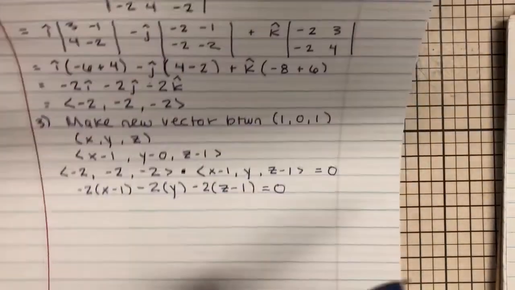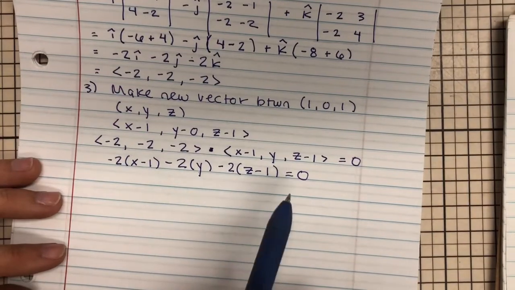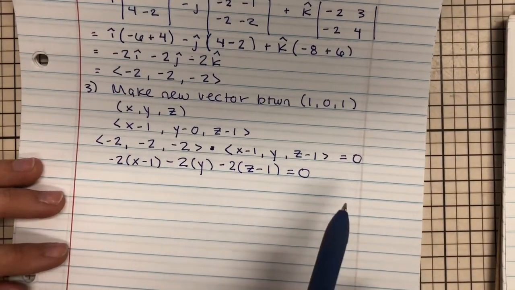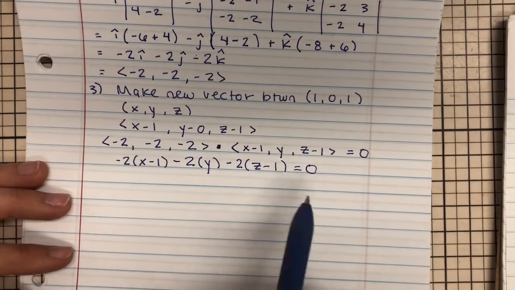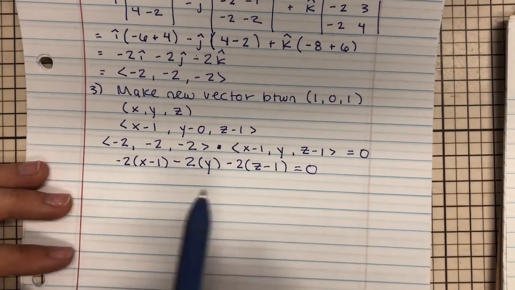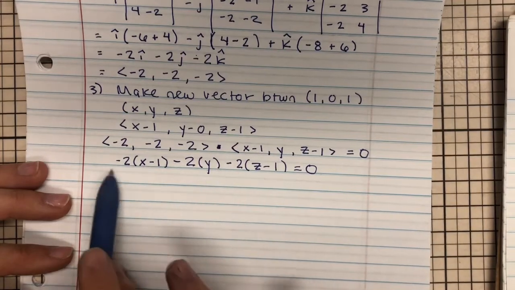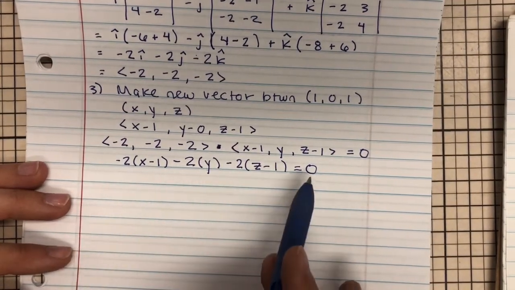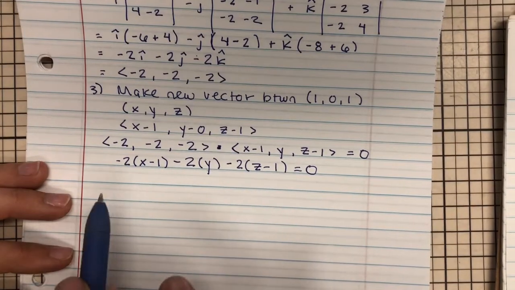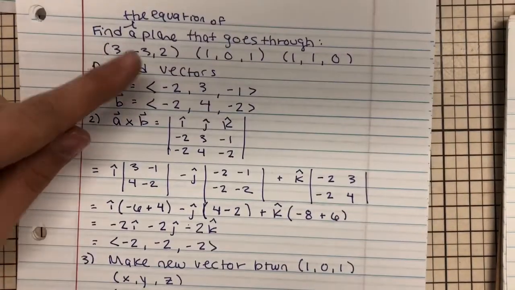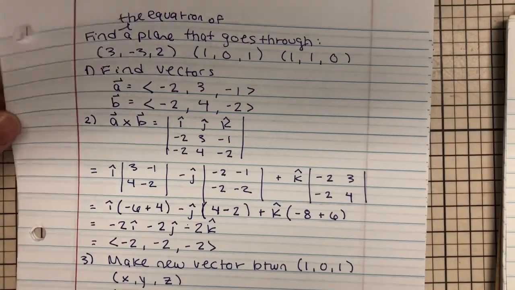So we artificially created some conditions to test points. There is a whole set of points that will satisfy this, and a whole set that won't. So this is actually the equation of the plane. Any point that satisfies this equation is in the plane with these other 3 points.